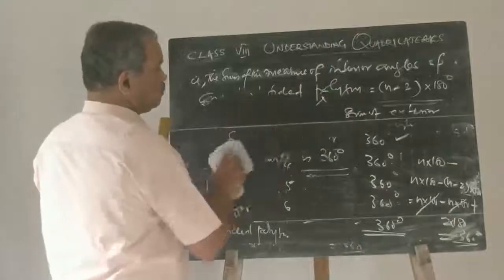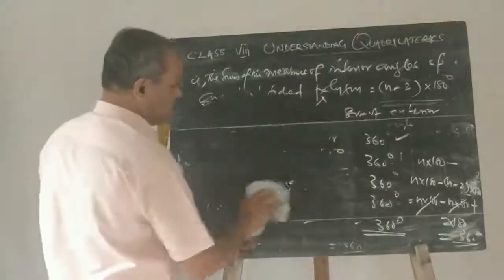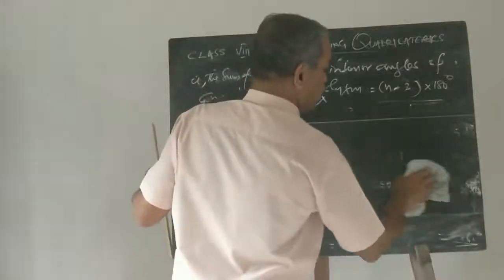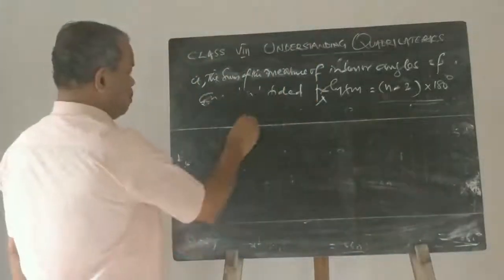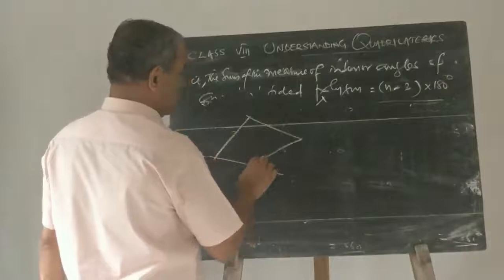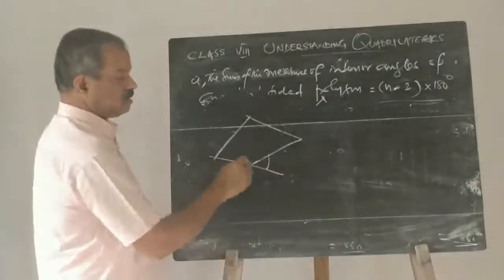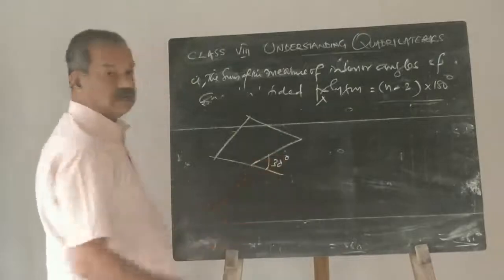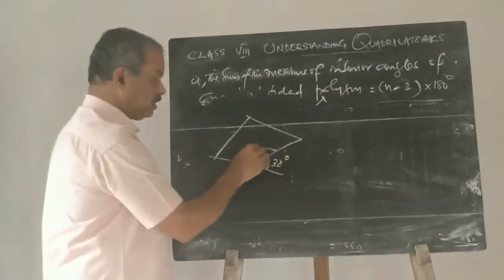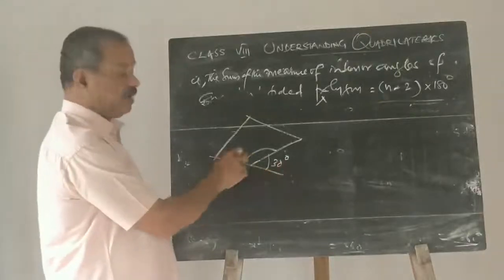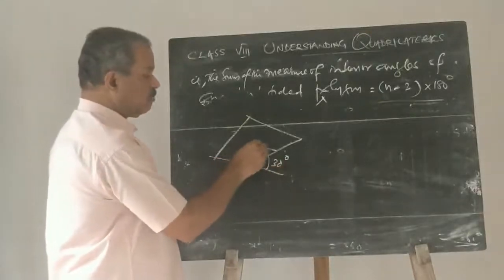Then, suppose we are given the measure of an exterior angle of a polygon. Suppose the measure of this exterior angle is equal to 30 degrees. What is the measure of the interior angle? Linear pair: 180 minus 30, 150 degrees.